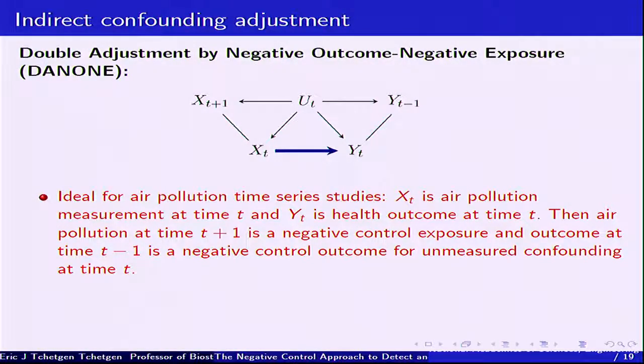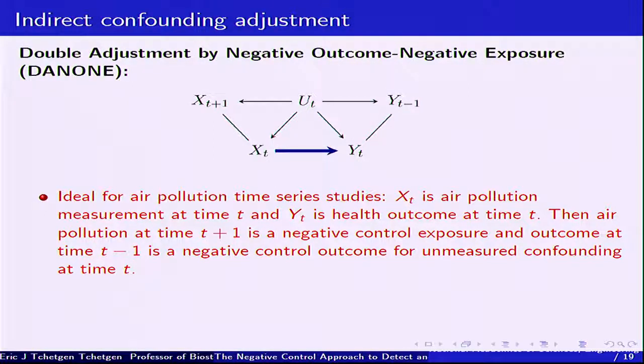I think this is my last slide. This is formally the double adjustment by negative control exposure and outcome, by Danon. The idea is, again, you're interested in the effect of air pollution at time t on mortality at time t plus 1, but the temporal order needs to hold.